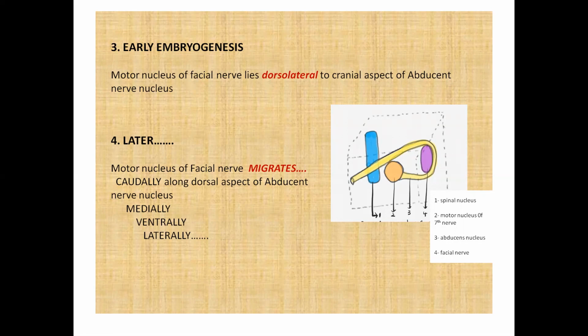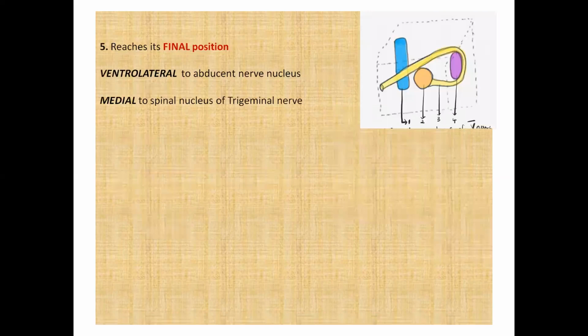Yes, it migrates caudally along the dorsal aspect of the abducent nerve nucleus. It continues to move medially, comes anterior, and then lateral to the abducent nerve nucleus, to reach its final position, ventrolateral to the abducent nerve nucleus and medial to the spinal nucleus of trigeminal nerve.